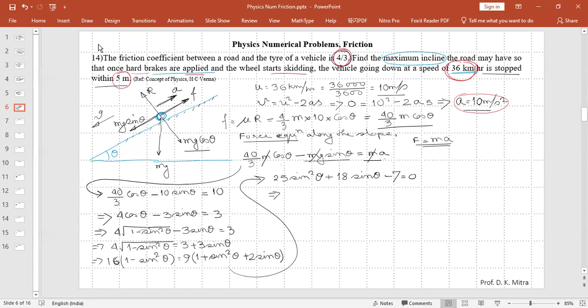If you factorize this, you will find it is sin theta plus 1 multiplied by 25 sin theta minus 7 is equal to 0. From here we get sin theta is equal to minus 1 or sin theta is equal to 7 by 25.